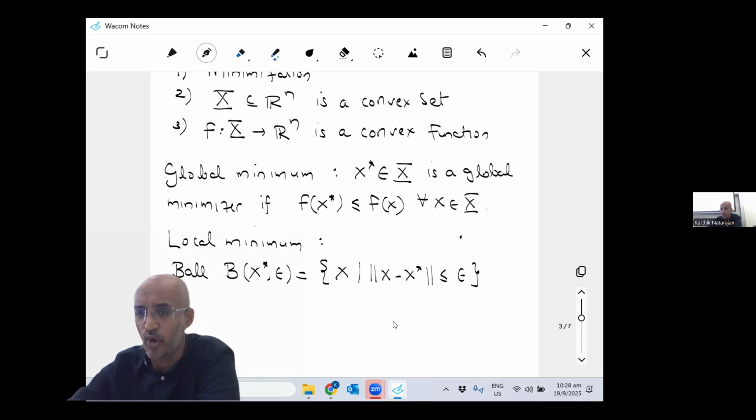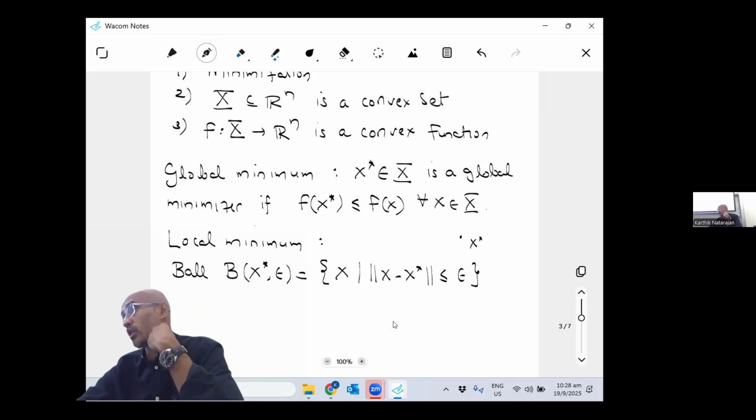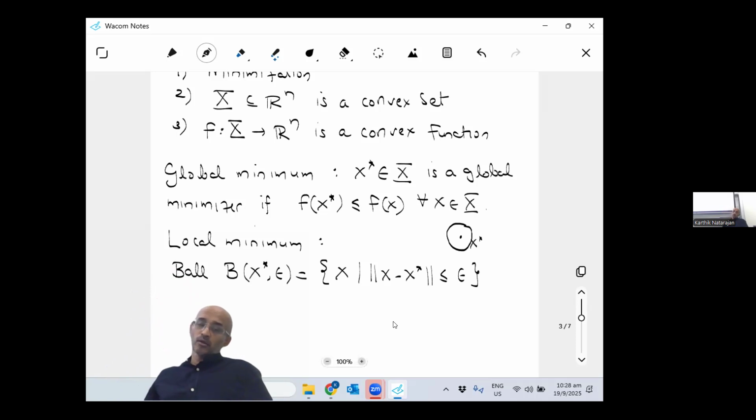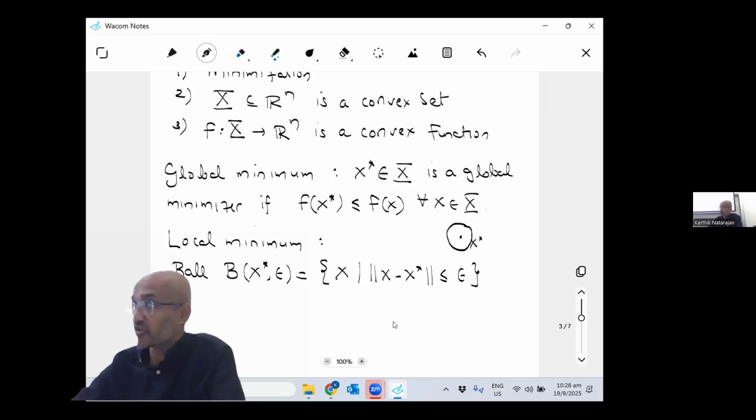You have any point x star, and let's say I'm using the Euclidean ball, so the L2 ball. I'm taking the Euclidean distance. In 2D it's a circle, otherwise a sphere, hypersphere and so on. But that's a ball.